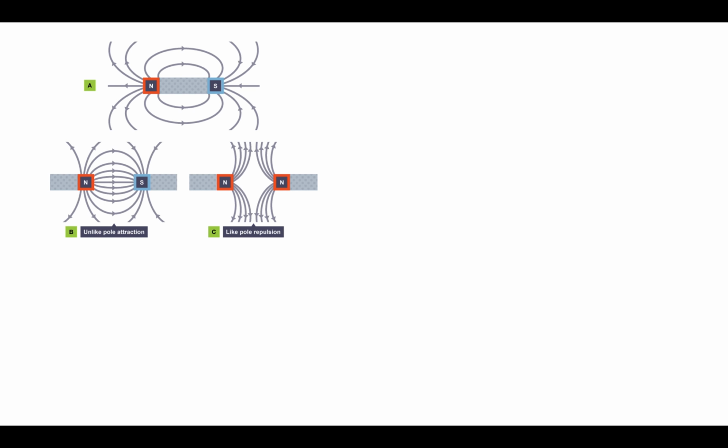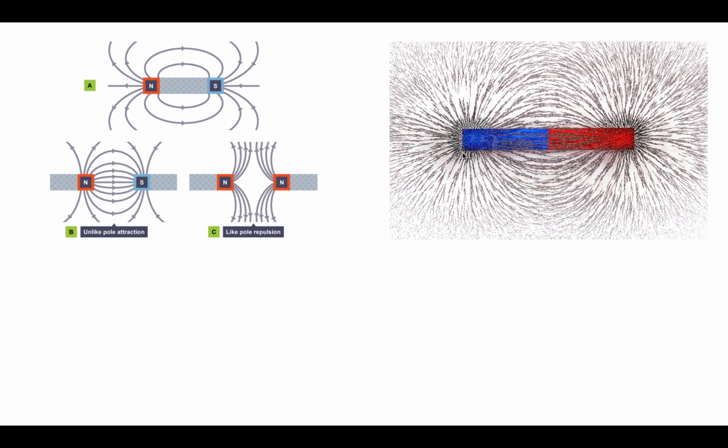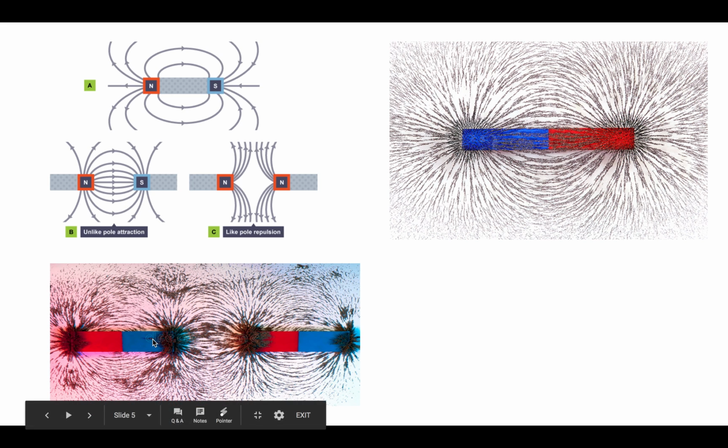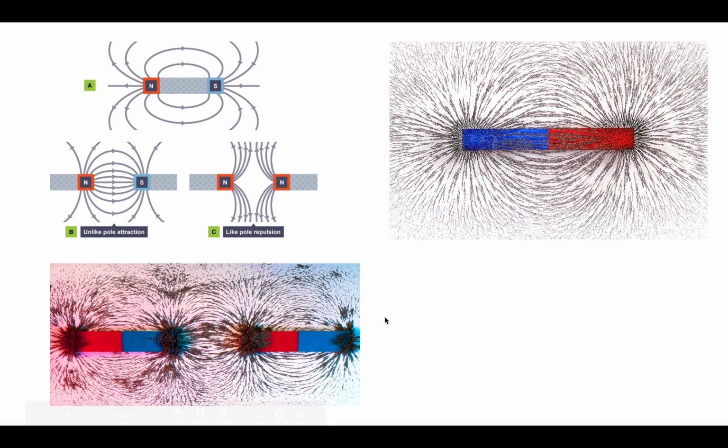Now, you can actually see the magnetic fields with iron filings. So if you took a bar magnet and you put a bunch of iron filings around it, you would see the magnetic fields that we illustrated over here. And so this is a single bar magnet. You can see that the magnetic fields are strongest at the poles because the most iron filings are there. You have B here, where you have a north and a south pole facing each other.